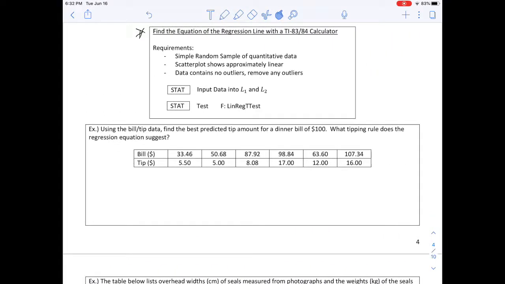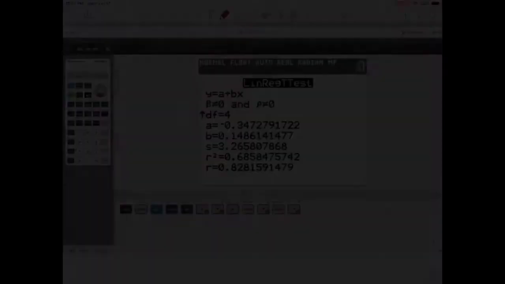So the next example says, using the bill tip data, find the best predicted tip amount for a dinner bill of $100. What tipping rule does the regression equation suggest? And from this, we need to go to LinRegTTest on our calculator. We did that in the last section.